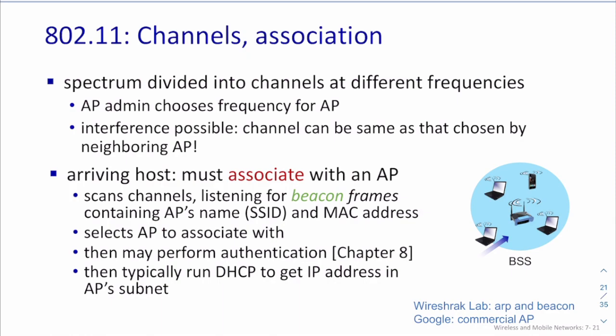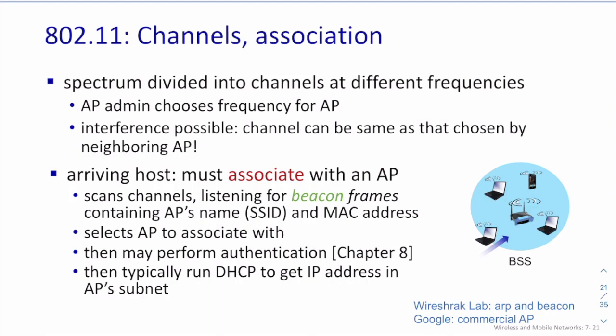In infrastructure mode, new devices need to associate with the access point. Basically, in infrastructure mode, the spectrum is divided into channels at different frequencies, as we mentioned before. 802.11 at 2.4 gigahertz has 11 channels. The access point admins choose different frequencies for different access points. Because we have interference problems, the channel selected by the admin can be the same or can be different.